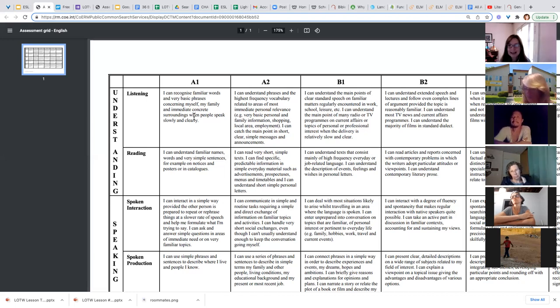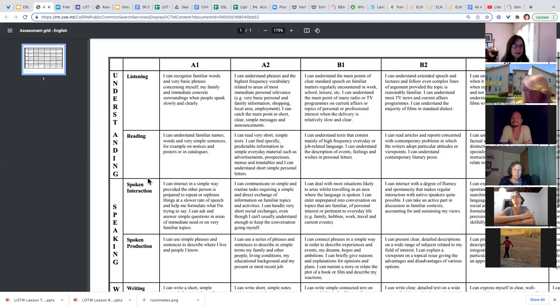So I'm probably at a pretty high level, maybe a C1 level when it comes to listening and to reading Spanish. However, when it comes to writing Spanish, I'm really terrible. I'm probably at like an A2 level or an A1 level. And the same with my speaking, it's not nearly as high as my listening. So you'll probably find with your students too, there's going to be some things that they are good at, some things they are not as good at.